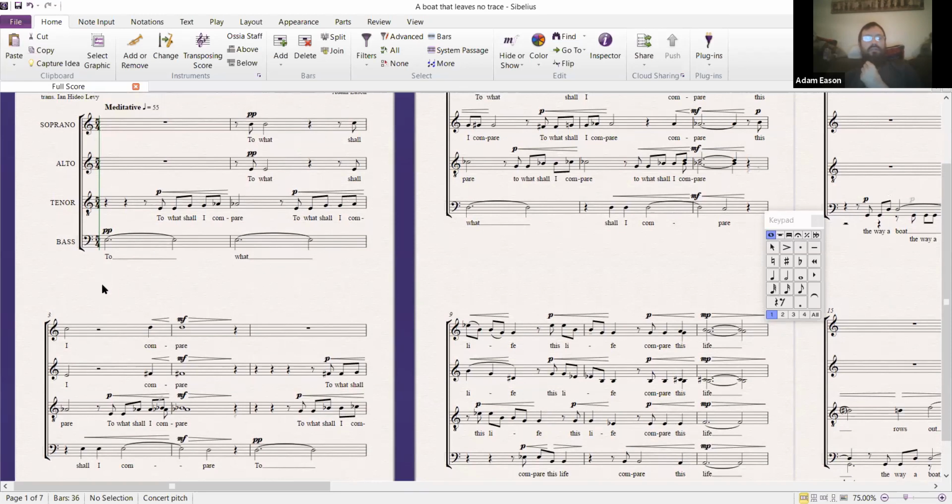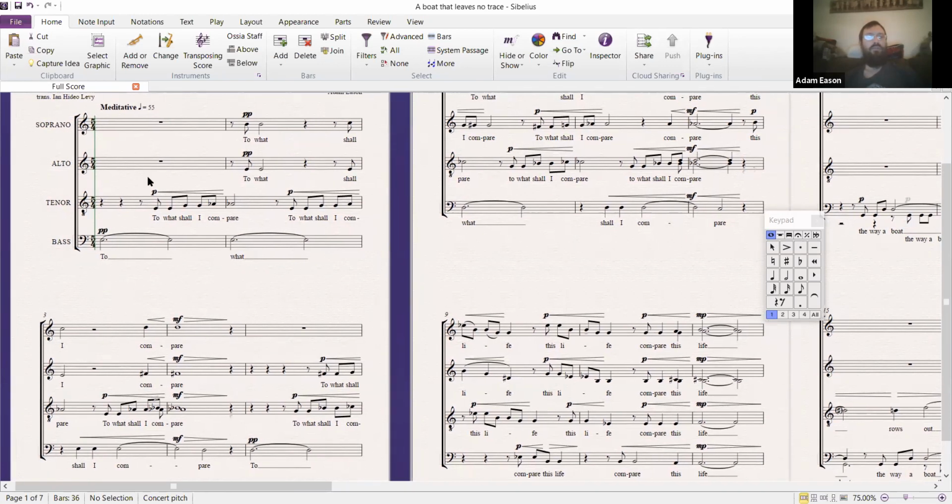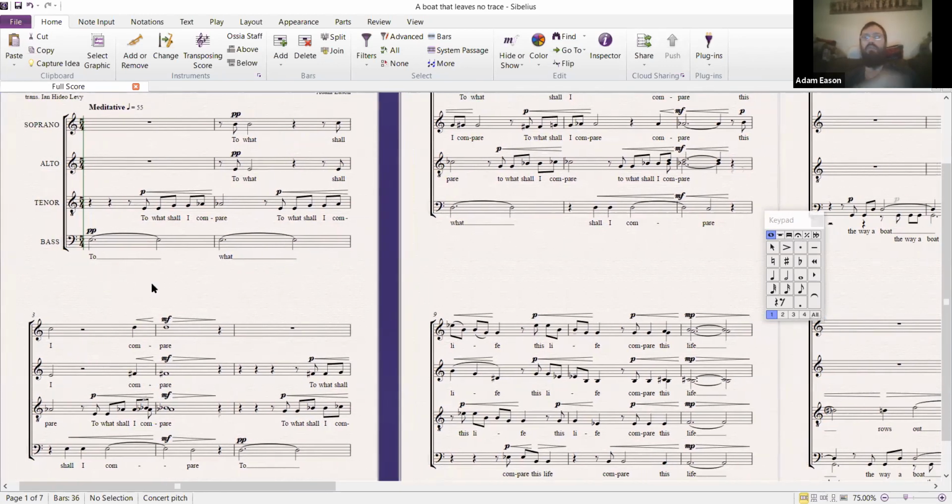So I wanted to be very careful and judicious in ways that I'm not with the keyboard, to be like, okay, if I had to sing this, what would I have to do? And so I tried to move things very linearly and step by step.